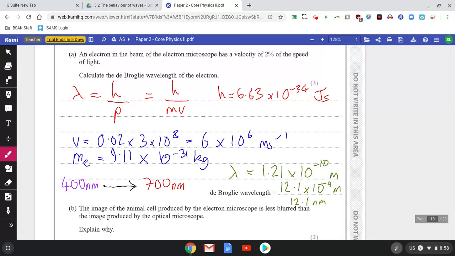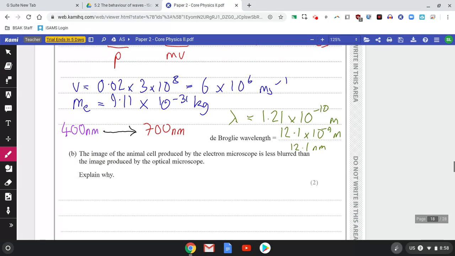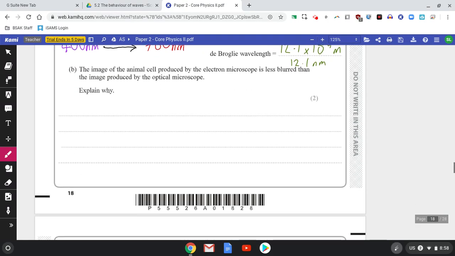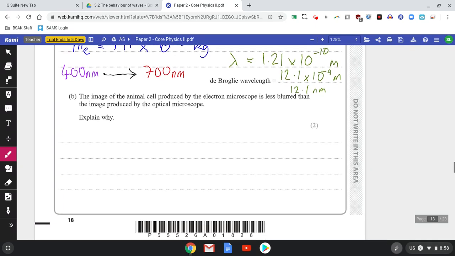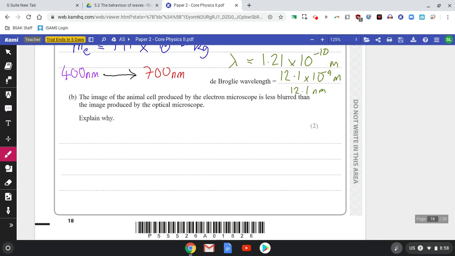If you use waves of a shorter wavelength, they're going to be much better at resolving detail. Why is this the case? The reason is diffraction, or in particular, the lack of diffraction. The shorter the wavelength, the less diffraction happens when the wave encounters things about the same size.